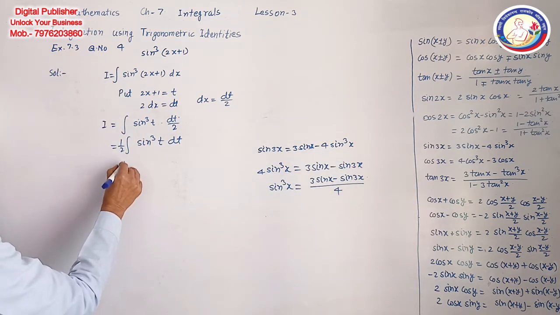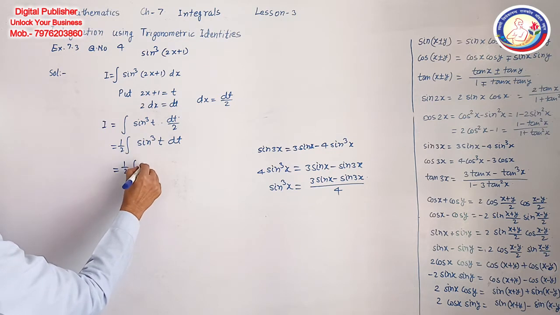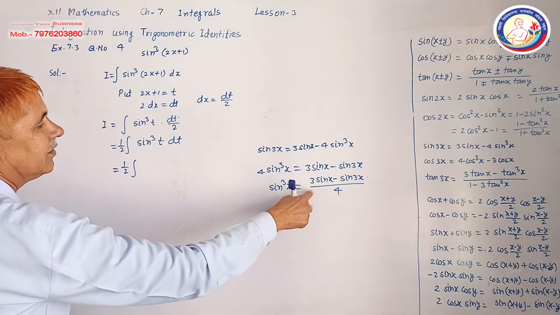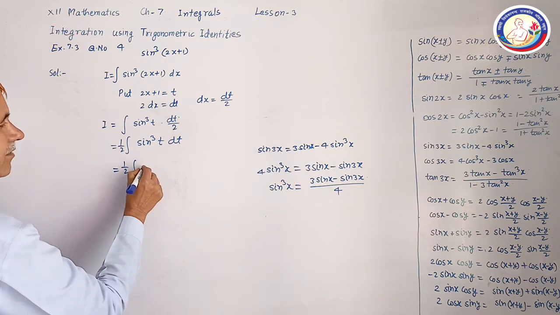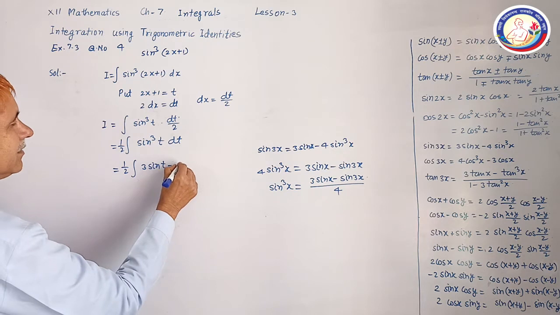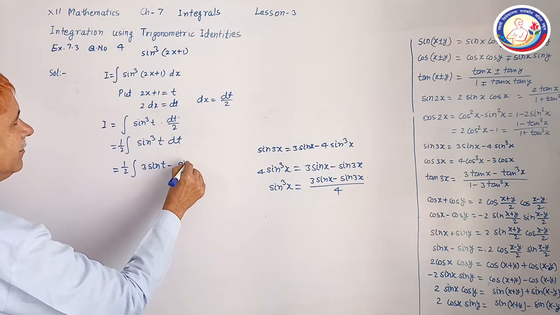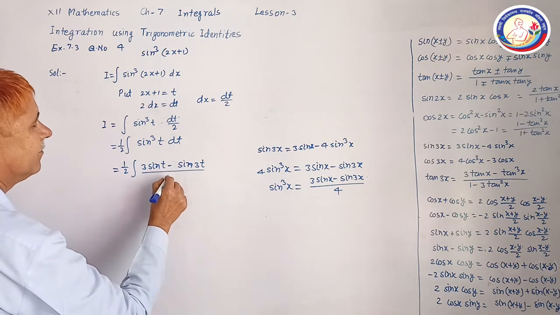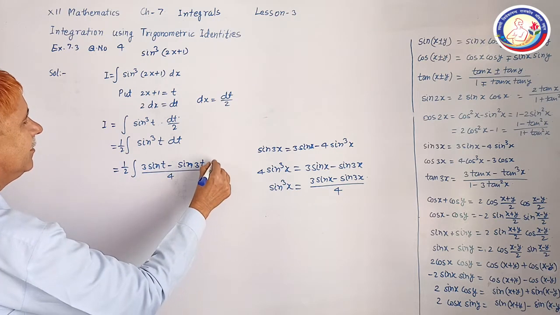Now right here we have 1 upon 2 integration of sine cube t. In place of this I am using this formula. Here it will be thrice sine t minus sine 3t, divided by 4, and dt.